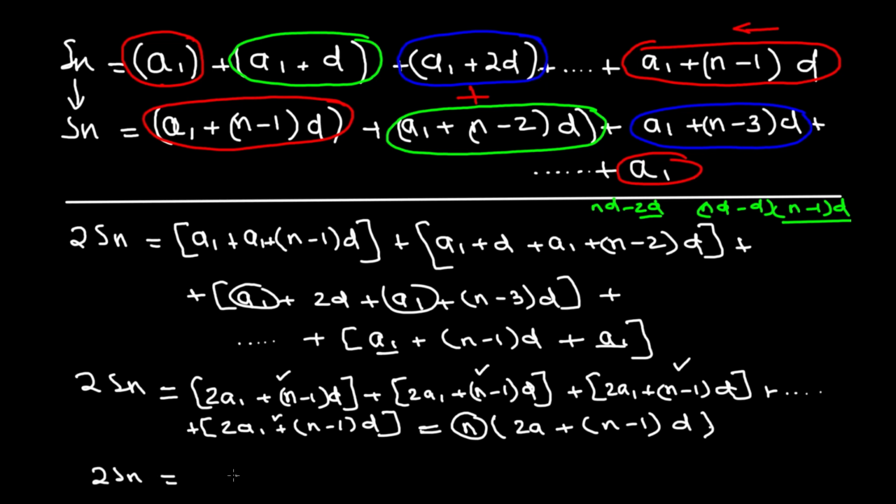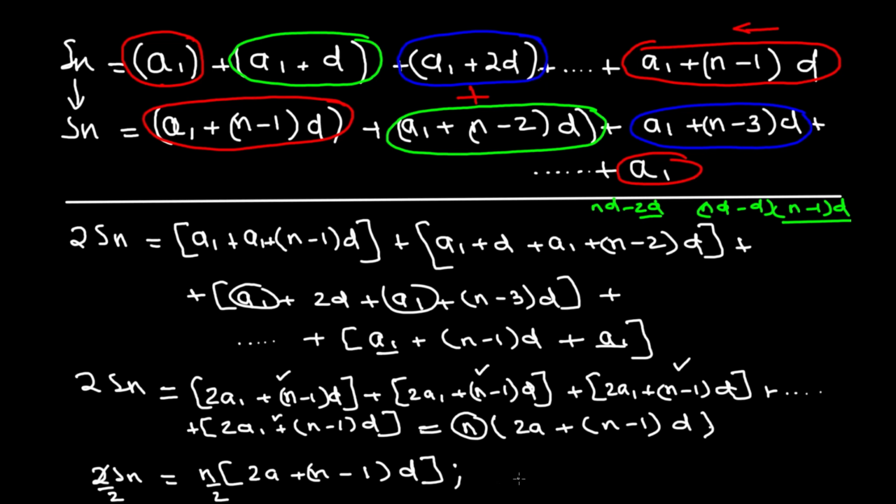So we're going to have 2Sn is equal to n. Then we open the brackets. We have 2a plus n minus 1 d, and then we close the square brackets. Then we can simplify this by dividing with 2. Let's summarize it like this. We've run out of space.